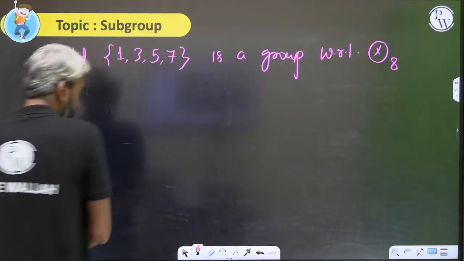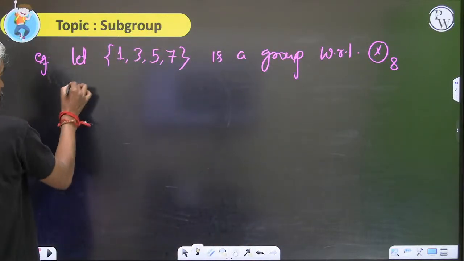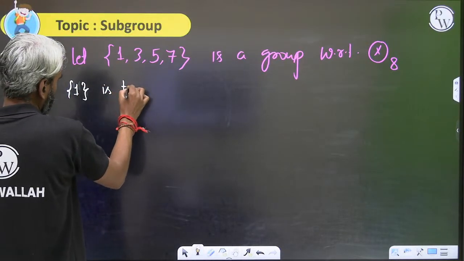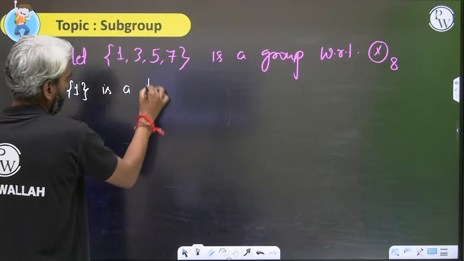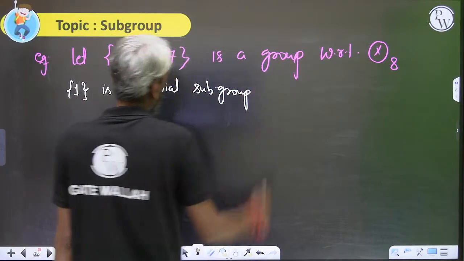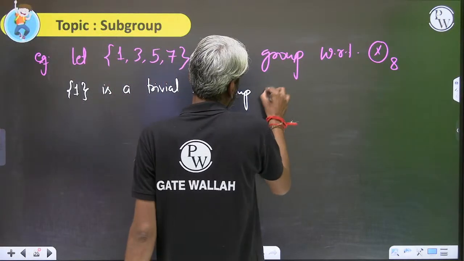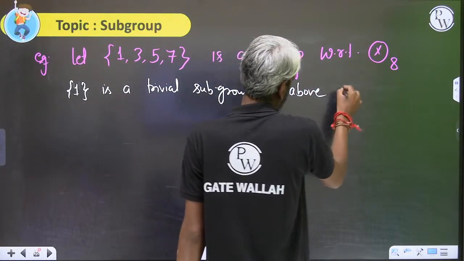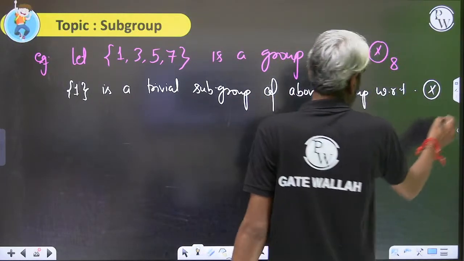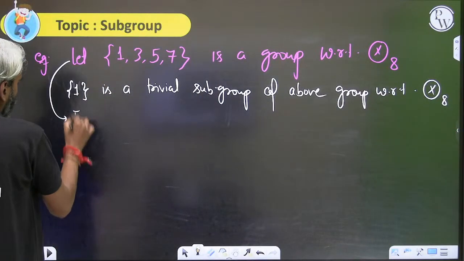Now, if I take a subset which contains only the identity element, {1} is a trivial subgroup of the above group with respect to multiplication, and the group itself is the other trivial subgroup.